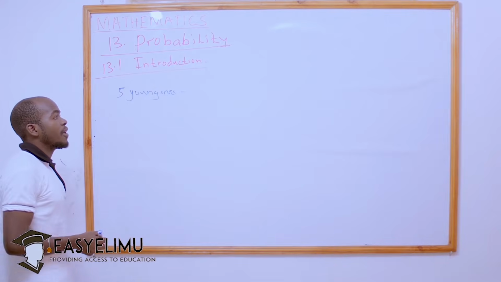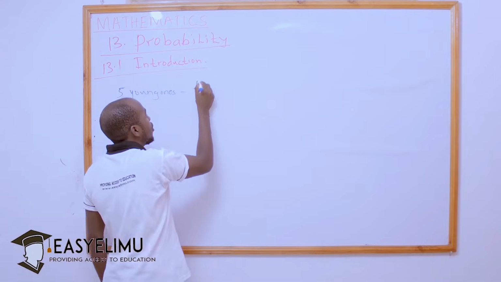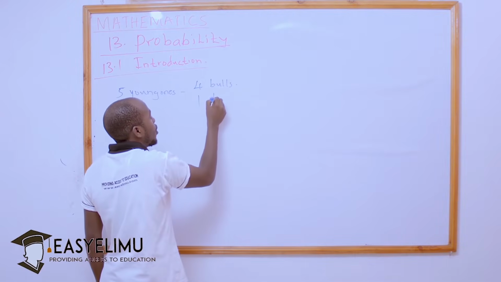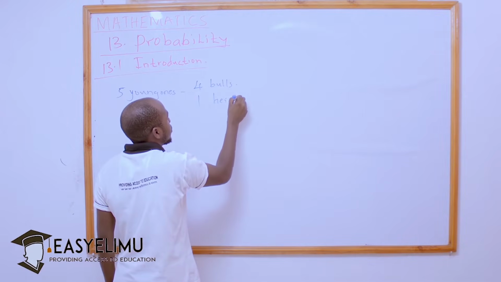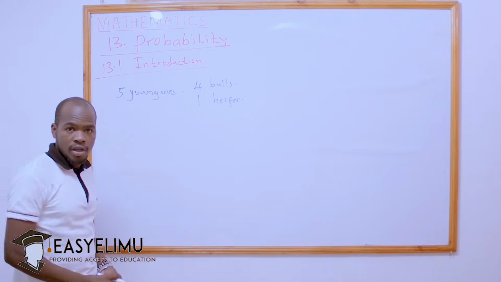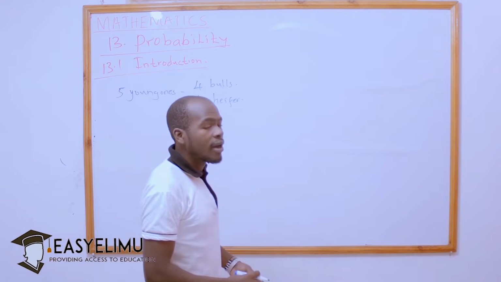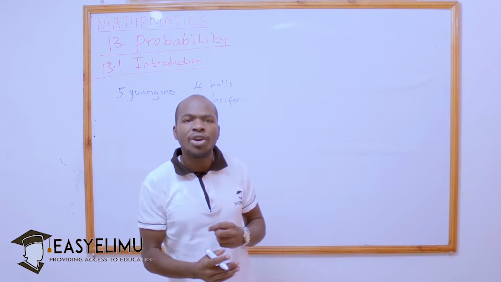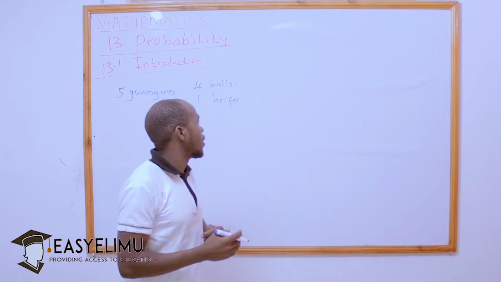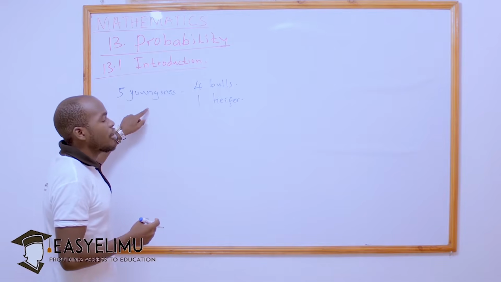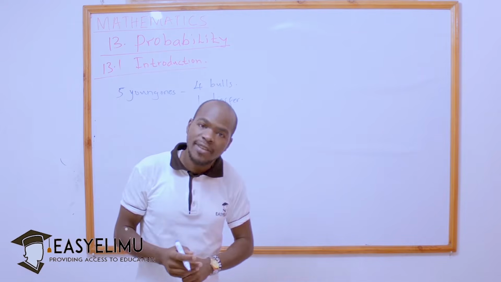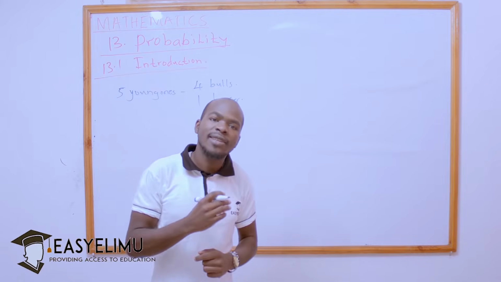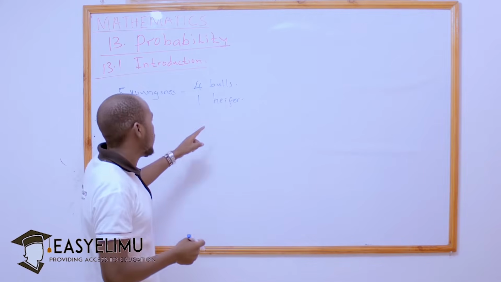Under these 5 young ones, 4 were bulls and 1 was a heifer. Then the farmer is interested to know, if the cow is to give birth to a 6th young one, what are the chances of that 6th young one being a heifer?